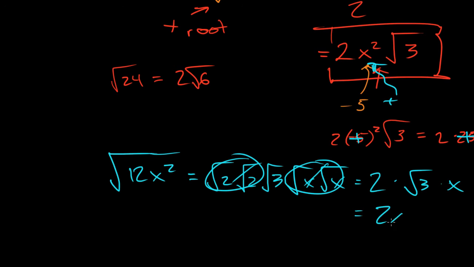So I get 2x times the square root of 3. Well, I have to make sure this is positive, and this expression by itself doesn't guarantee that. If I put a negative number in here for x, then this expression will be positive 2 times a negative times a positive, and that's equal to a negative. So in order to ensure that this is a positive root, I have to put absolute values around the variable here.